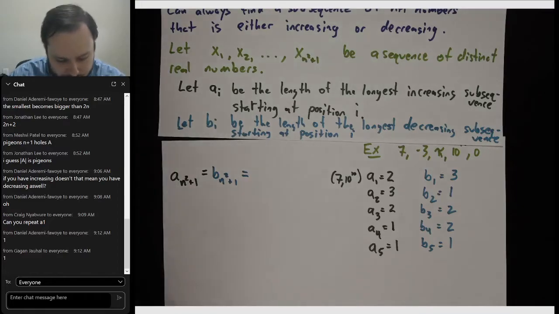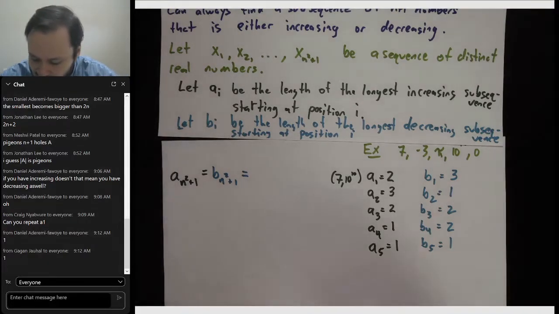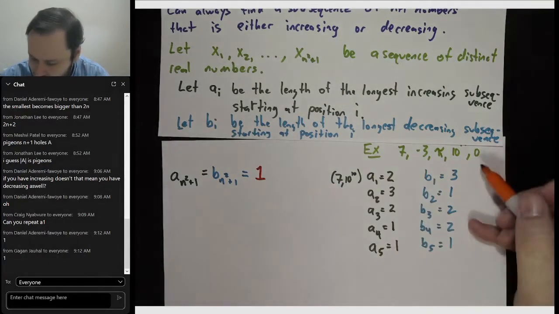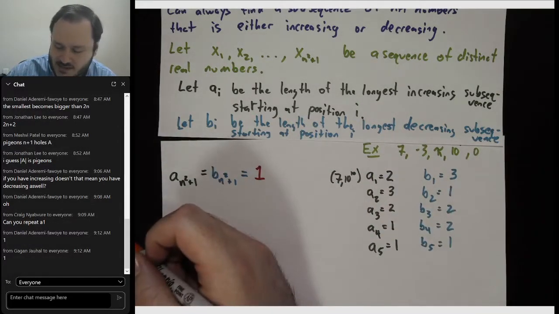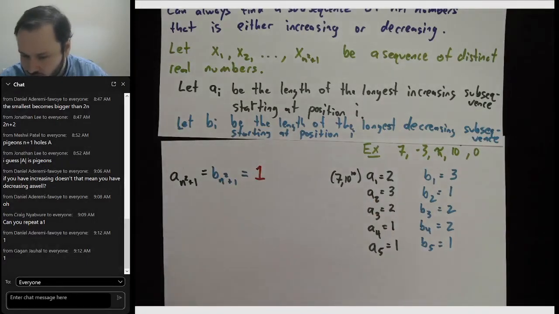It's always equal to 1. N squared plus 1 is the last number in my list. So if I'm starting at the last number in my list, the best I can hope for is 1. I'm only ever going to get 1.